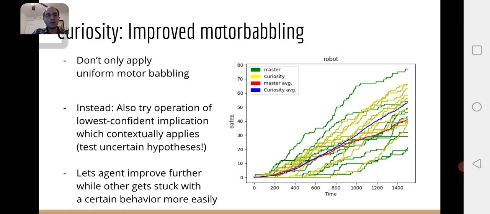So very simple example so far, but it already shows that curiosity is an important addition, and we think that we understand curiosity now, which is a good thing for AGI progress.